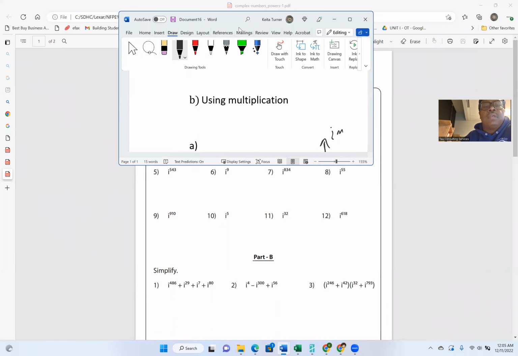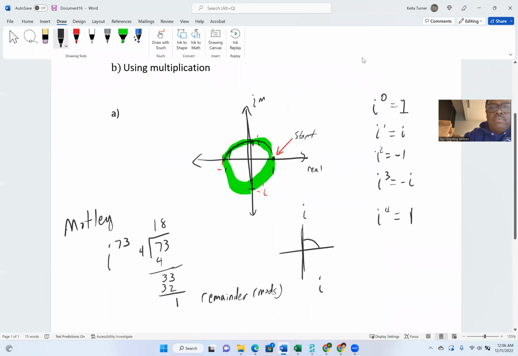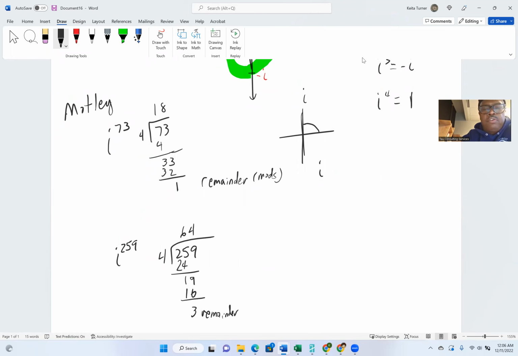The next one is I to the 259. We do the same thing Motley taught us, 4 as it goes into 259. 4 times 6 is 24, 19, and this is going to be 16, so that's 4, 16, with a remainder, or mod, of 3.